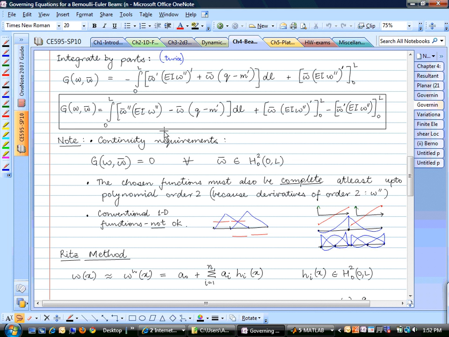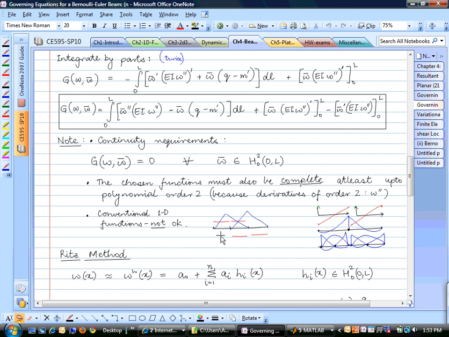The second derivative is not square integrable because you can see that the derivative at this point has a discontinuity. Even the derivative at this point has a discontinuity. So if you take the derivative of this red line, there is going to be an infinite number right here, and that is unacceptable for H2.